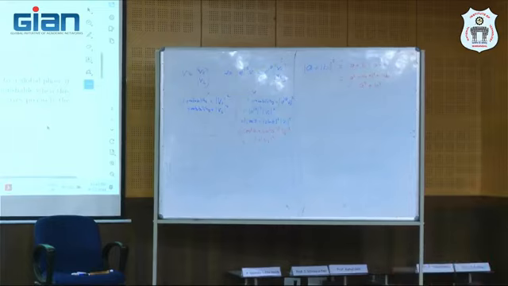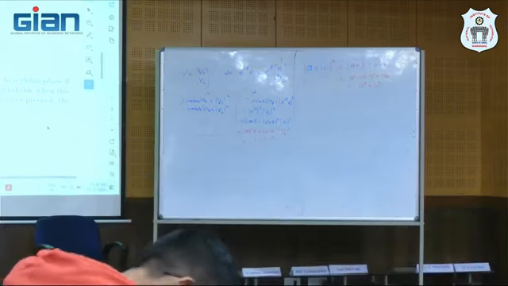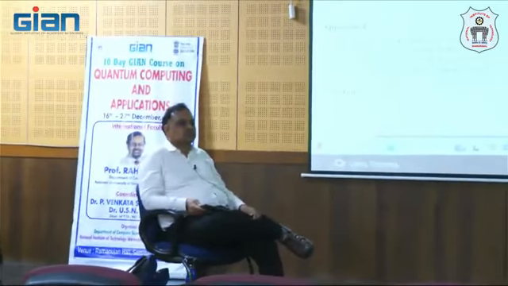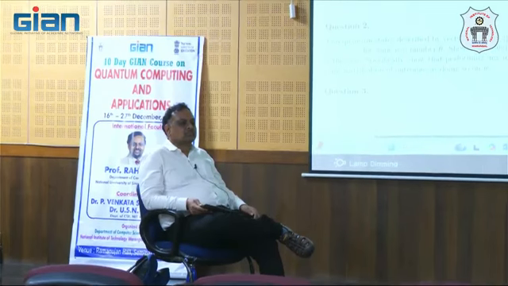When we are measuring V, it is giving the same distribution as W. So how I was thinking was, if we can somehow prove that W equals e raised to minus I theta V is given to us, and somehow we can say that the two states V and W are entangled, then measuring one will result in the measurement of the other.